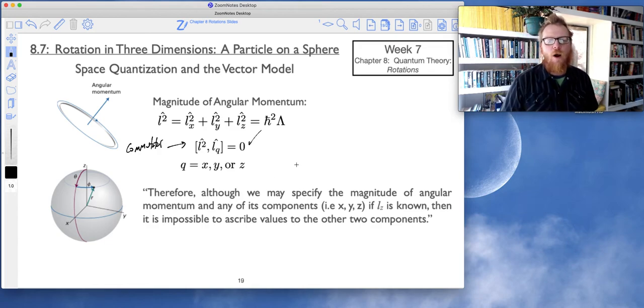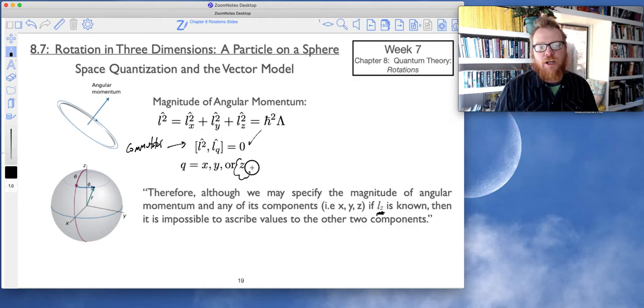So therefore, although we may specify the magnitude of angular momentum and any of its components, and here is where we're giving special treatment to Lz, we noted that this could be x, y, or z, but we're going to choose z for arbitrary reasons. So if Lz is known, then it is impossible to ascribe values to the other two components.